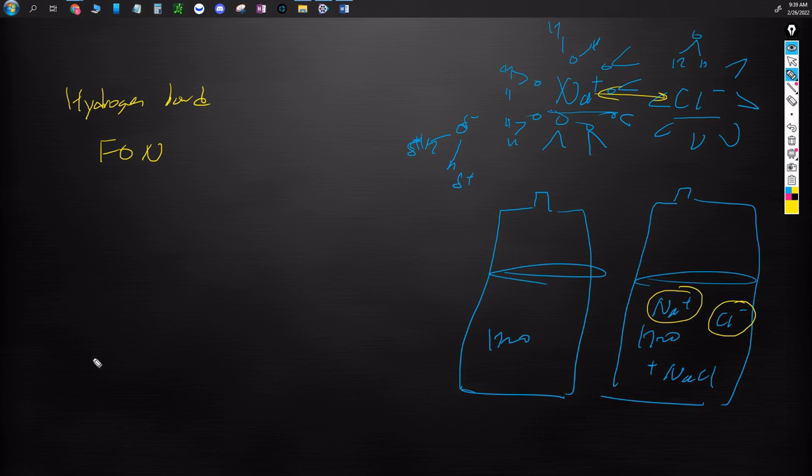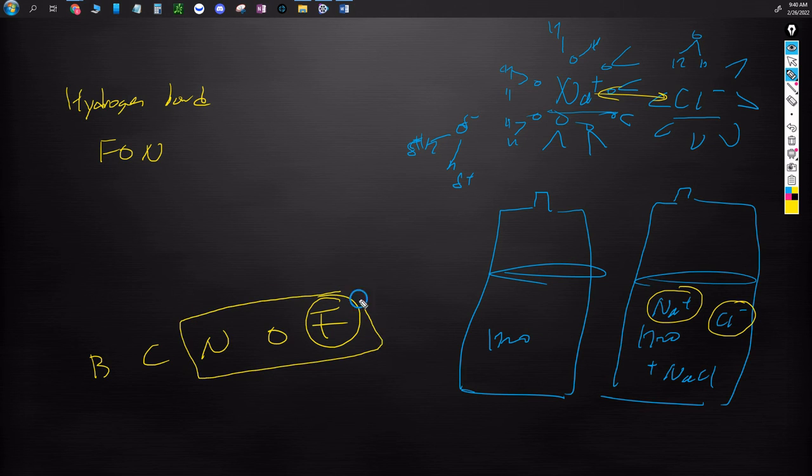If you look at C, N, O, F, fluorine has the strongest electronegativity, as we talked about. These are the FON: F-O-N. Think of it as a phone, like when you're talking on the phone. FON. So what does it mean?